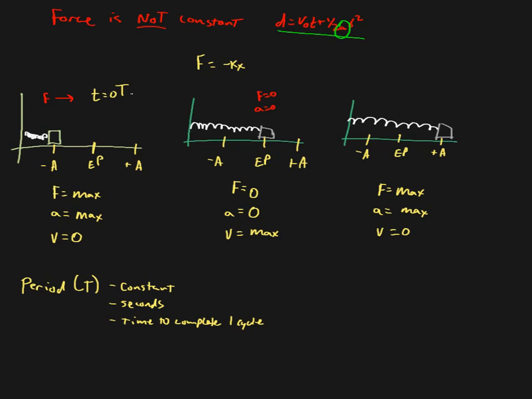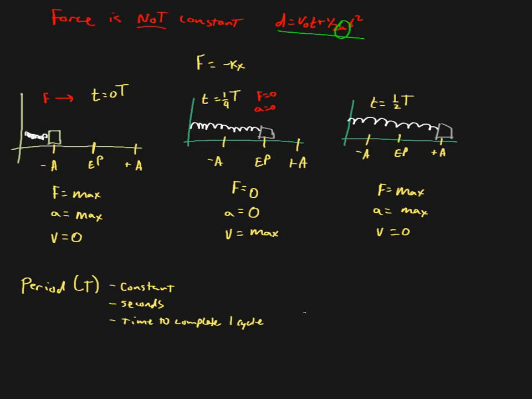Okay, 0 capital T. Here we have t is equal to 1/4 the period. Here we have t is equal to 1/2 the period. And if we continue on our way back, then we would have 3/4 of a period, and then finally 1 full period by the time we reach the negative amplitude once again.